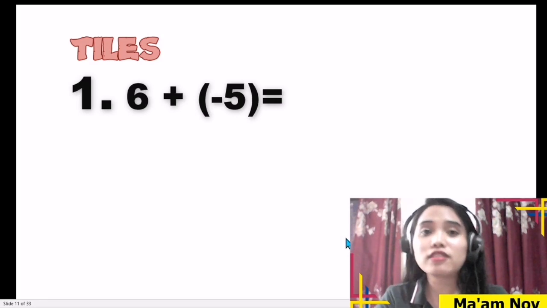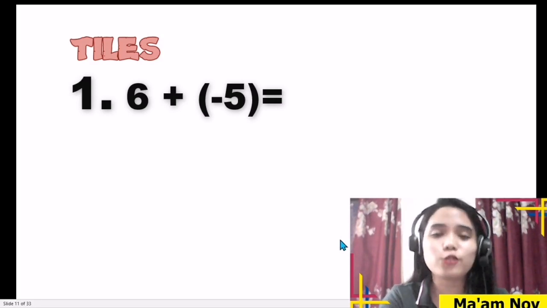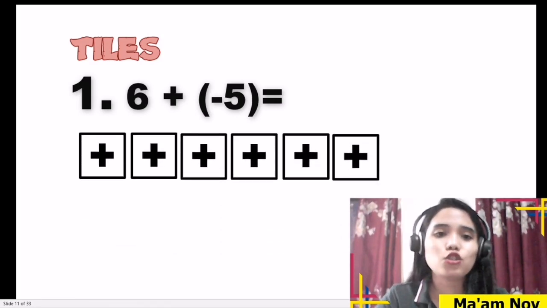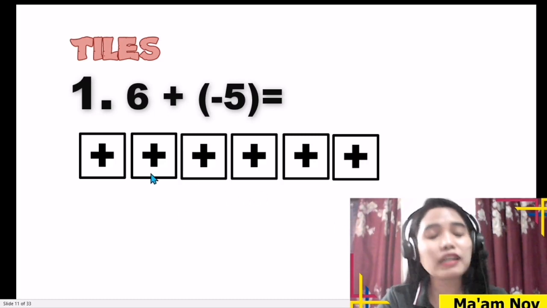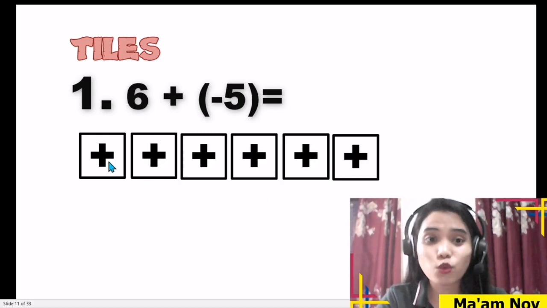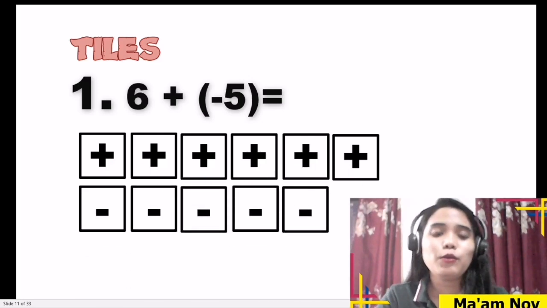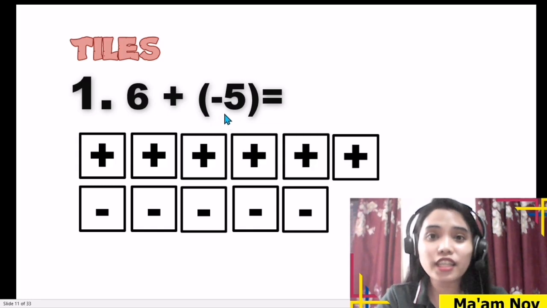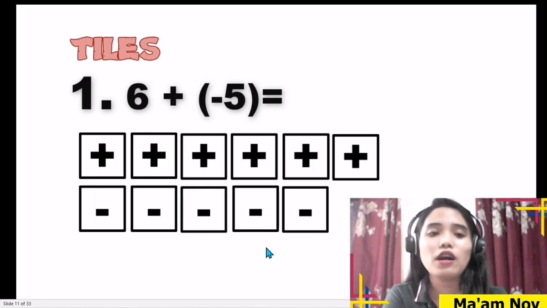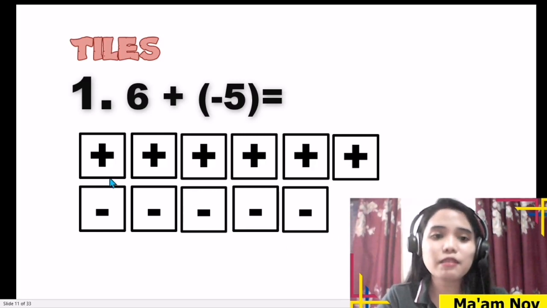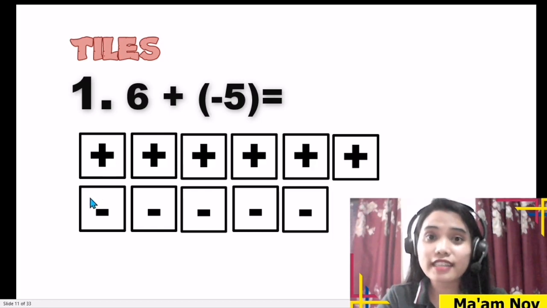Okay, how about sa tiles method? So, ganito yung tiles. Okay, so we have 6 tiles. Bakit 6 positive tiles? Because we have 6 here. Okay, so 1, 2, 3, 4, 5, 6. And we also have negative tiles. We have 5 negative tiles. 1, 2, 3, 4, 5. Now, kapag nagkadikit si positive and negative, we will cancel it out.